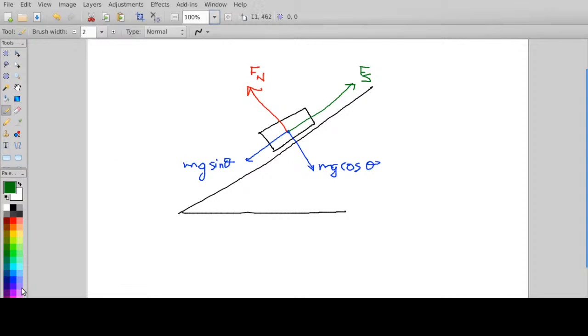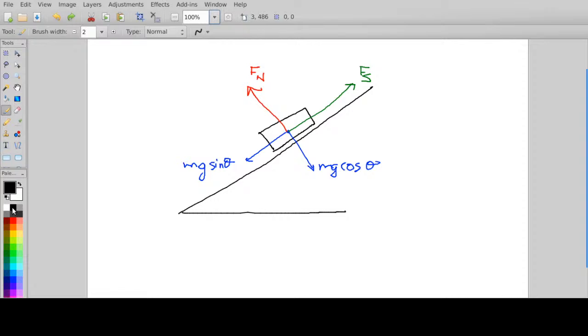And just like before, the perpendicular components will cancel. In this case they'll cancel, but they'll compete against one another in general. So Fn will compete with the perpendicular component of gravity, and the parallel component of gravity will compete with the force of friction uphill. In this case everything has to cancel.